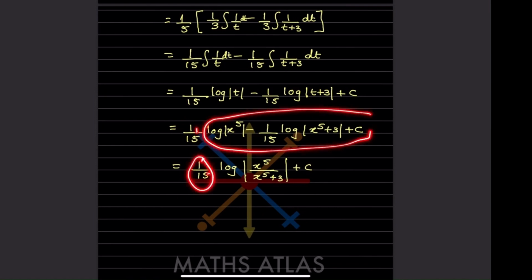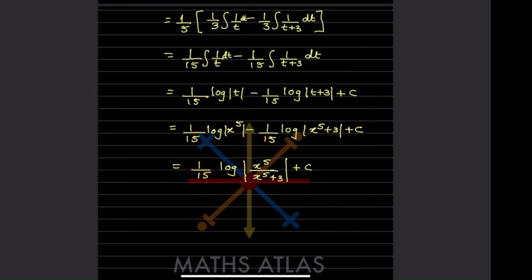Whenever it is log of this minus log of this, that is going to get divided. So see here, 1 by 15 is common, and for this part, log of x to the power 5 minus log of x to the power 5 plus 3, that is going to get divided. So hope this part is clear to you.